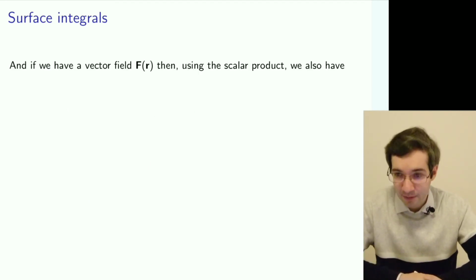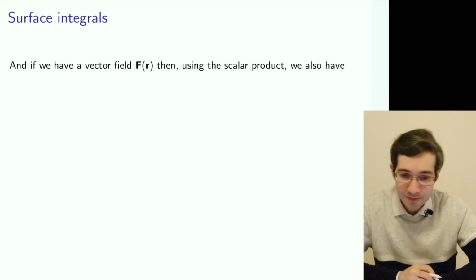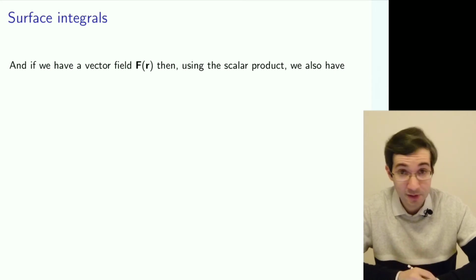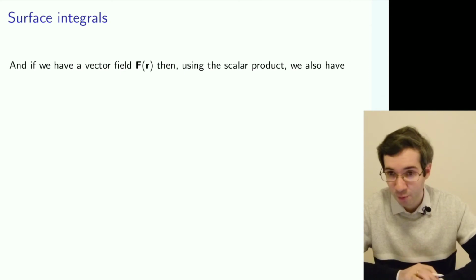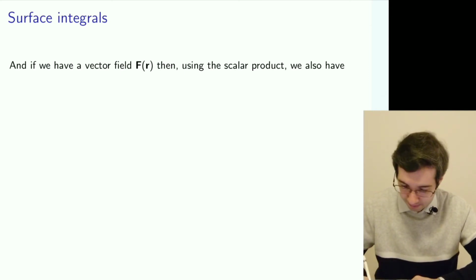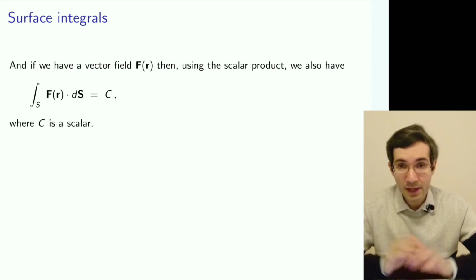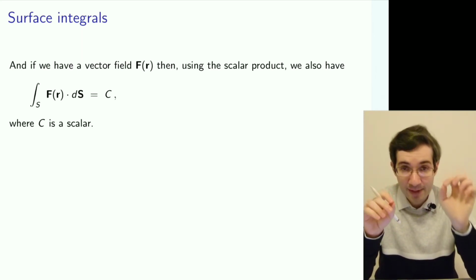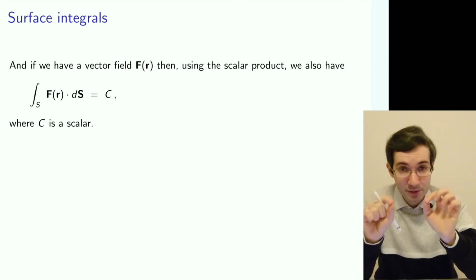But again, this is not very commonly used, so let's instead think of a vector field, because ultimately we're talking about vector calculus. And then again we have two ways. So let's think of a scalar product. We take a scalar product of the vector field with a little element of the surface.